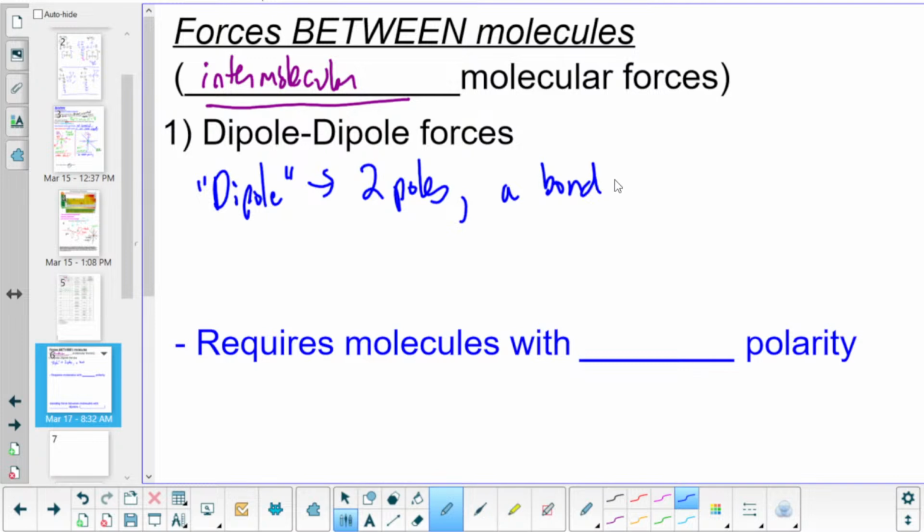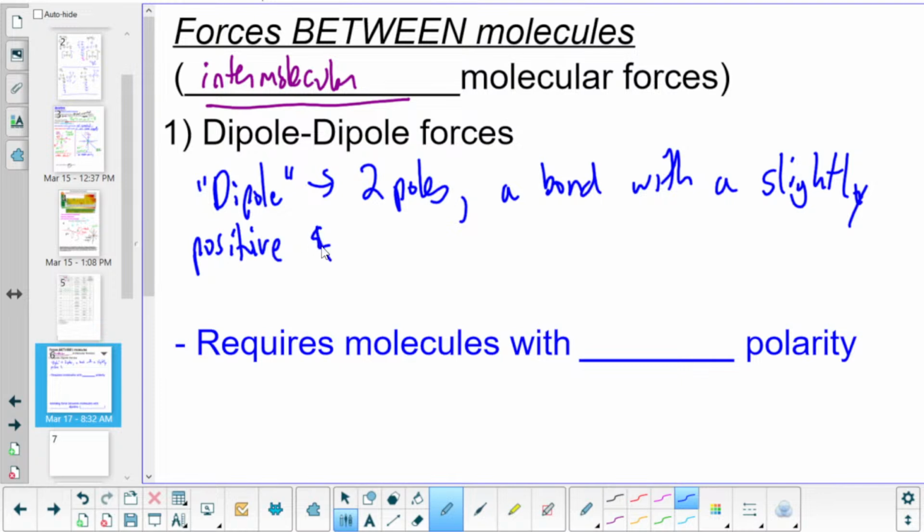A bond. So a dipole has two poles, a bond with a slightly positive and negative end.